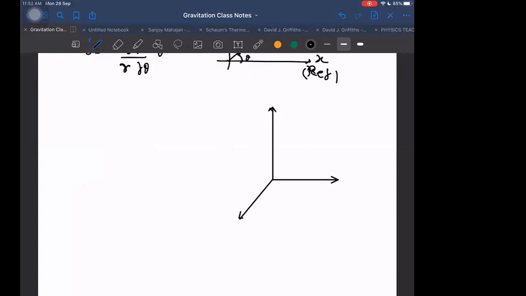If I have a sphere, and again let us take this as the center, with a reference line. That is the origin.